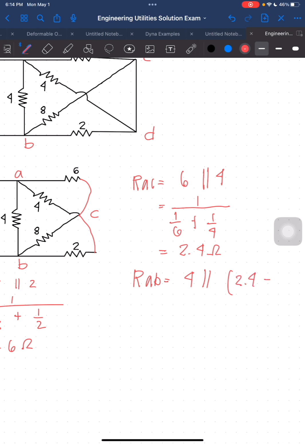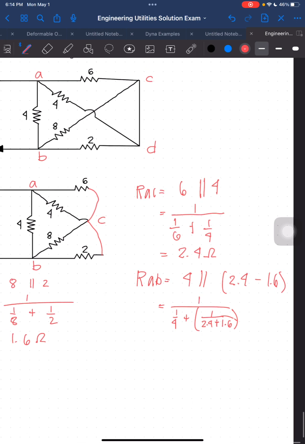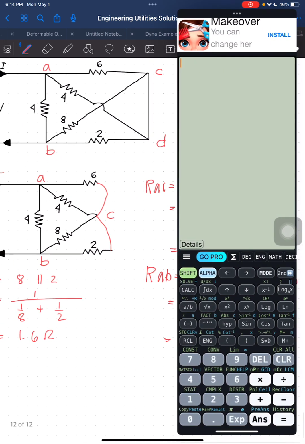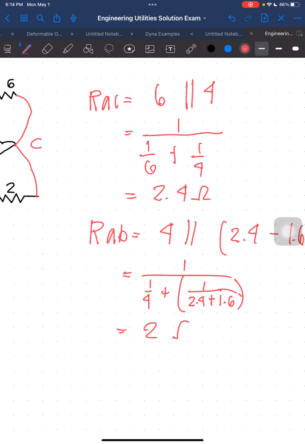Tapos, kapag lalagay na natin sa formula, 1 divided by 1 divided by 4 plus 1 divided by 2.4 plus 1.6 is equal to 2. So, ang sagot dito ay 2 ohms.